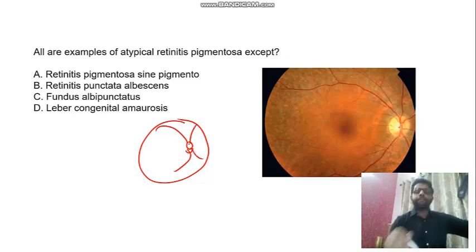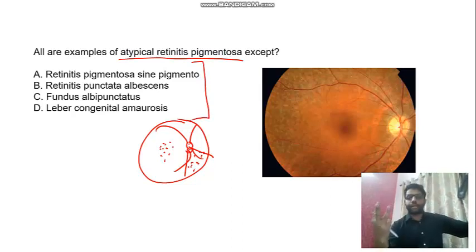If the patient has inverse pigmentosa, meaning the pigments are in the central area, that is known as inverse pigmentosa or central pigmentosa, that is atypical. Or if the patient has sector pigmentosa, only one sector in the periphery has pigments. So sector pigmentosa and inverse pigmentosa are atypical pigmentosa, and out of these four, three are examples of atypical, one is not.